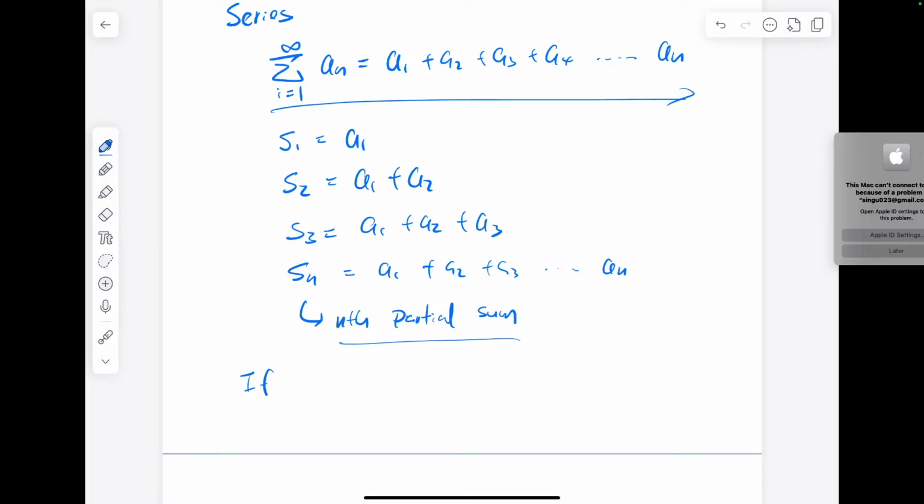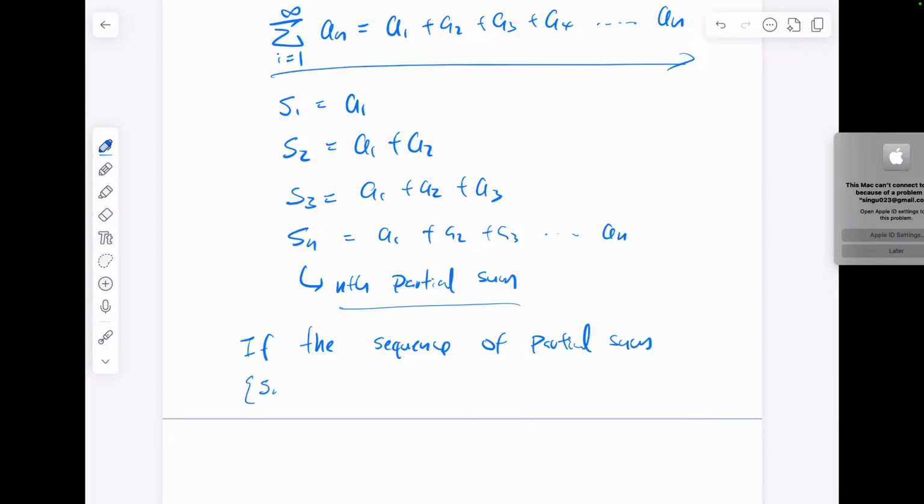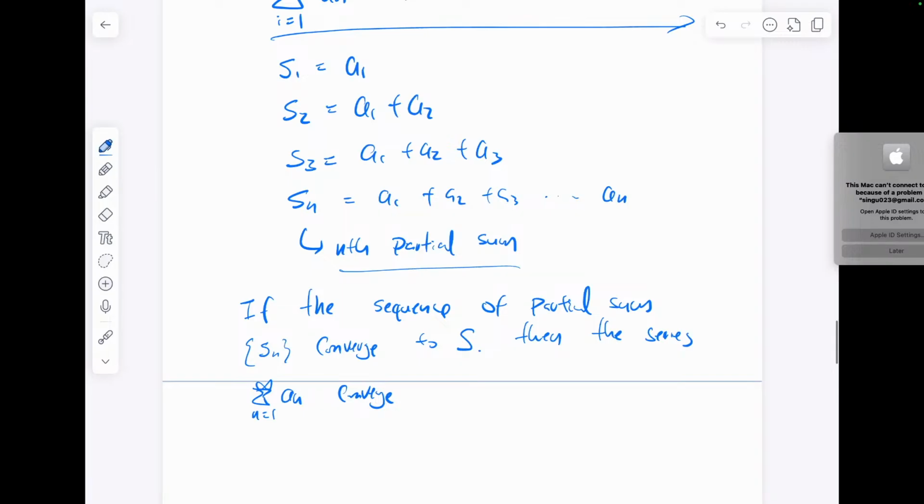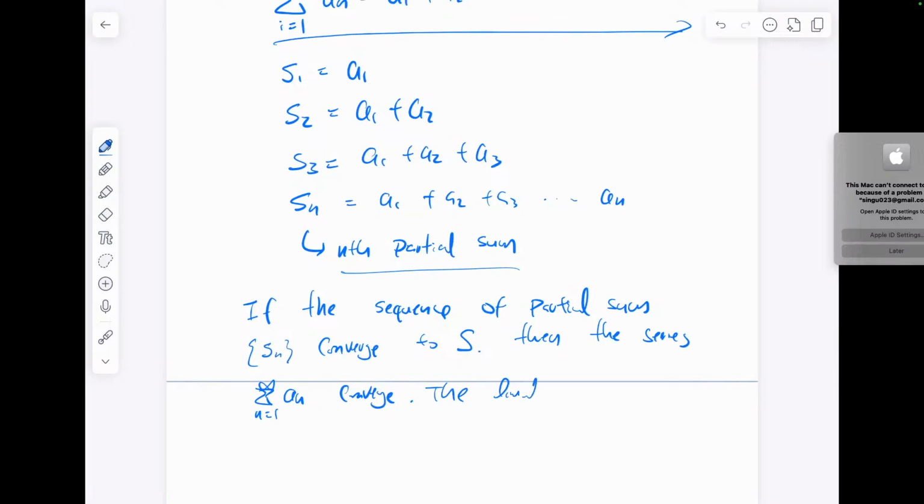Now, if the sequence of the partial sums, which we're going to call S_n, converges to a letter S, then the series, the summation of n equal to 1 to infinity of a_n, converges. The limit S is called the sum of the series.